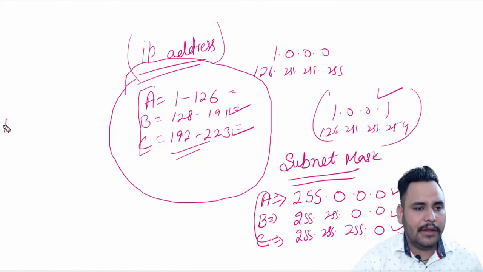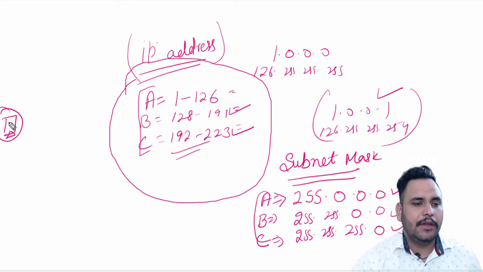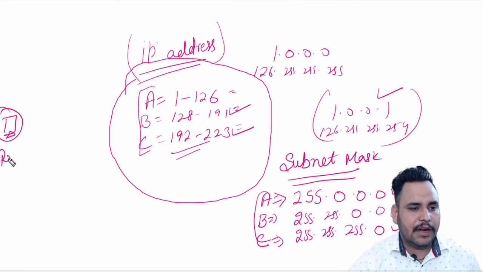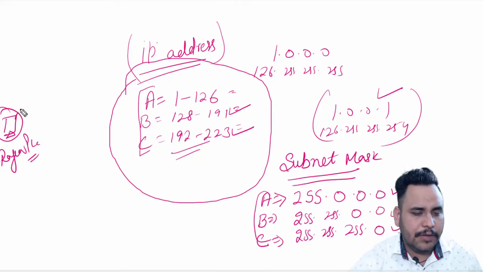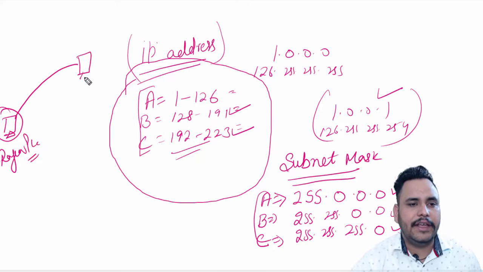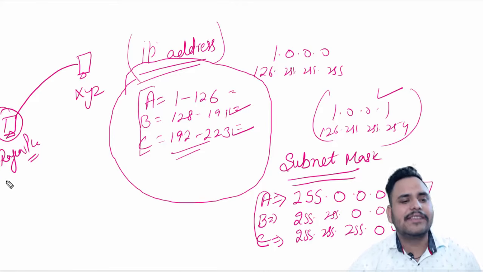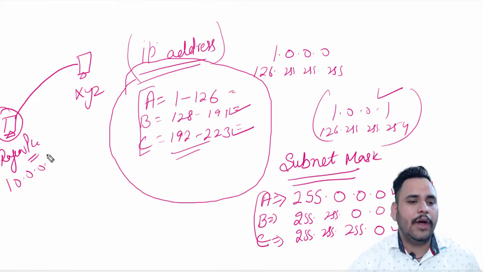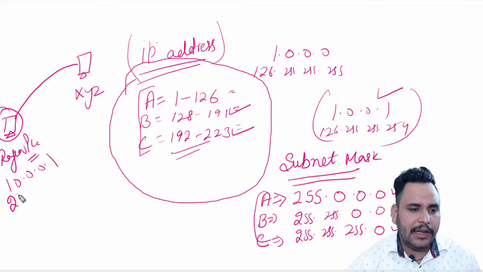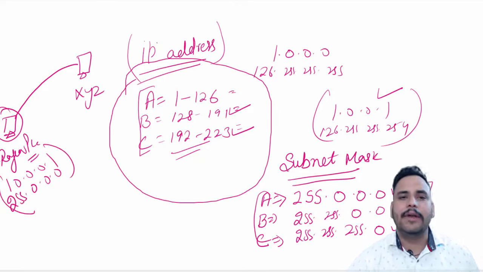For example, here we have one PC, this is Rajeev's PC, connected with any other PC like XYZ. If Rajeev is given the IP 10.0.0.1, automatically Rajeev will get the subnet mask 255.0.0.0.